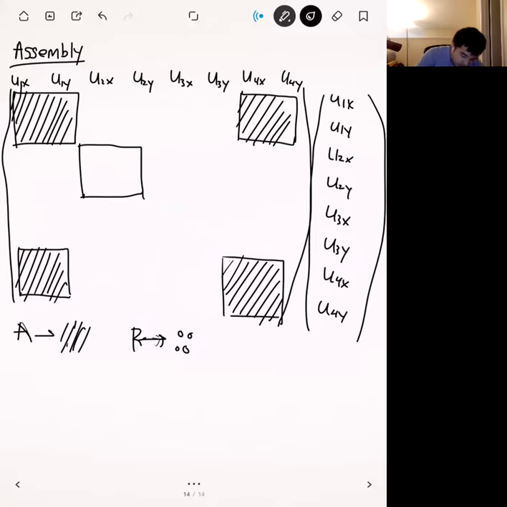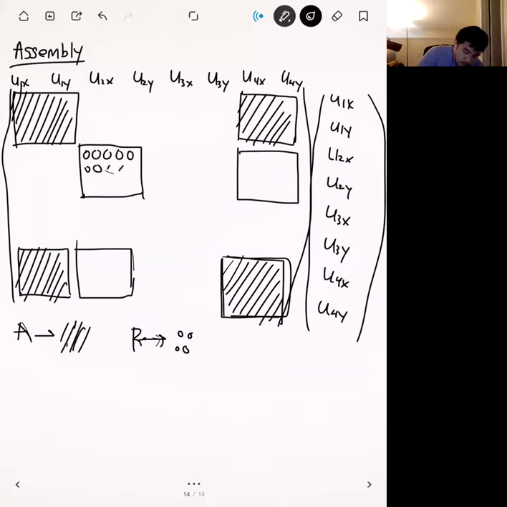Then we have the 2-4 block, then the 4-2 block. And of course, we have the 4-4 block, just like that. Let's go ahead and fill these in with bubbles. Kind of looks like a Lego from above. That's another way you can think of it.